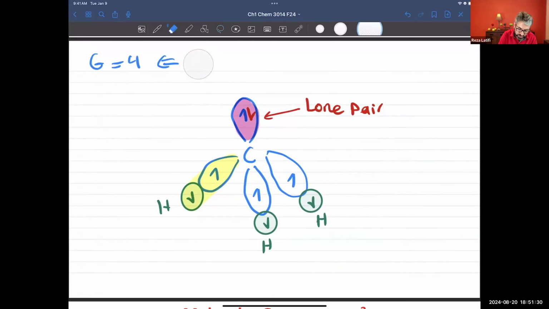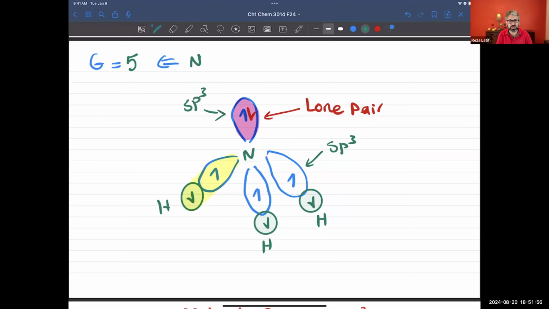Nitrogen is a group 5. It means it has 5 valence electrons, and we're going to do the same thing here. So I put the 5 electrons inside the hybrid orbitals. Those are the sp3 orbitals.